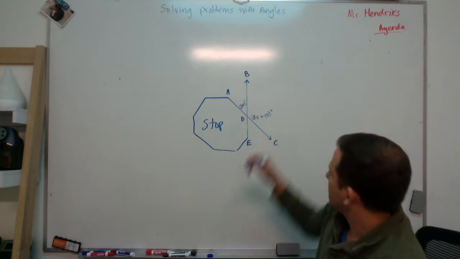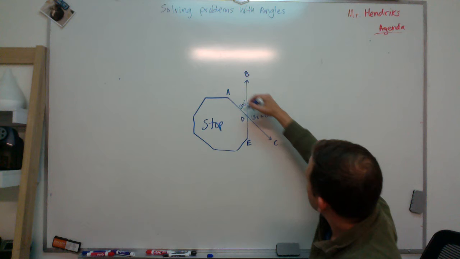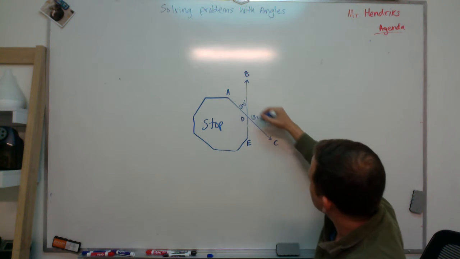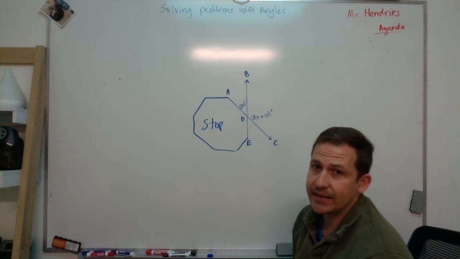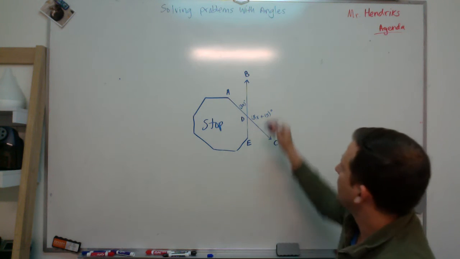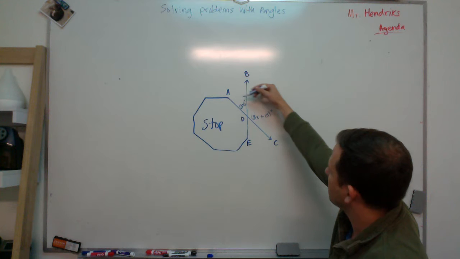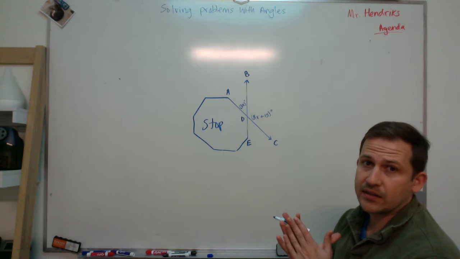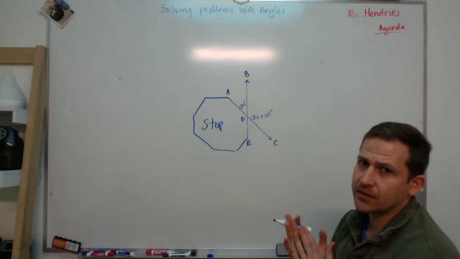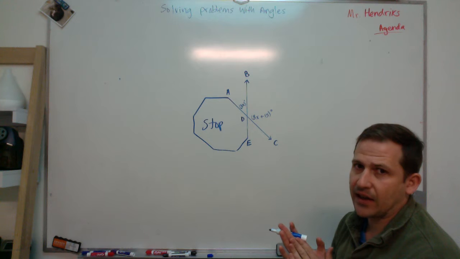First thing I notice is line AC is a straight line, and a straight line has 180 degrees in it, which means these two angles along the straight line are supplementary. So if I add them together, they should equal 180, and from that I can find out x.